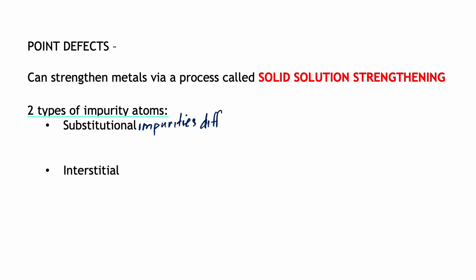diffuse by moving into vacancies. So as there are vacancies in most metals, the impurity atoms can just jump into those spaces and then jump further into the surface of the metal, because diffusion will always happen from high concentration in the direction of lower concentration.